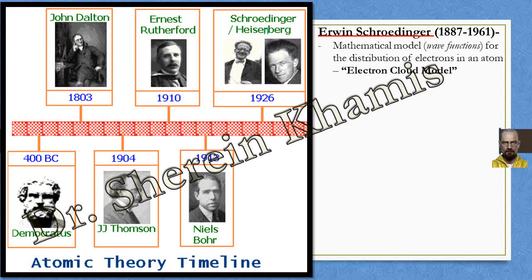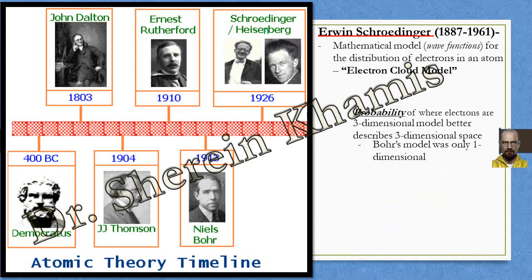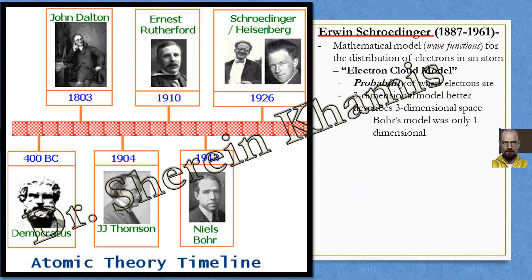He mentioned, depending on the mathematical model, that the electron has wave-particle properties, can move in space without needing any matter to move, and can also have a high speed and all properties that belong to it, like light. It is about the probability of where electrons are, a three-dimensional model that better describes three-dimensional space.